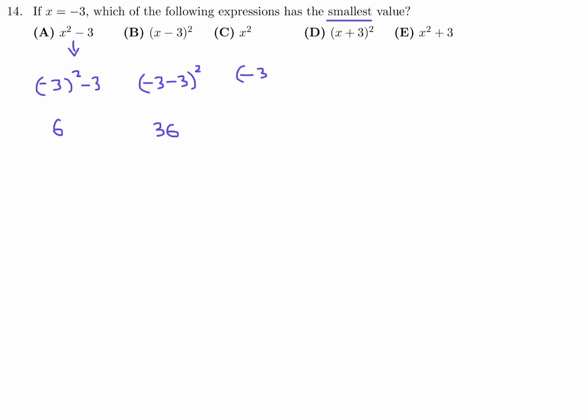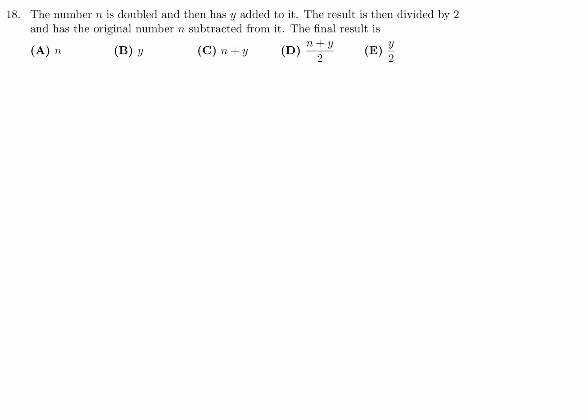Minus 3 all squared, that's 9. Minus 3 plus 3 all squared, that looks like 0 squared, which is 0. Minus 3 squared plus 3 is 9 plus 3, which is 12. And of these numbers, the smallest is 0, and therefore the answer is D.